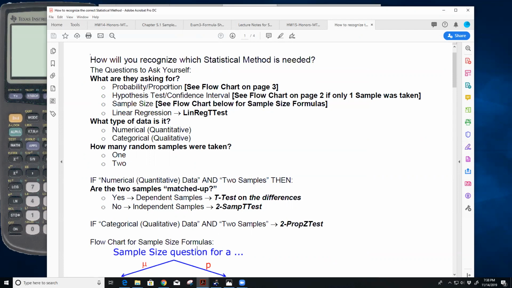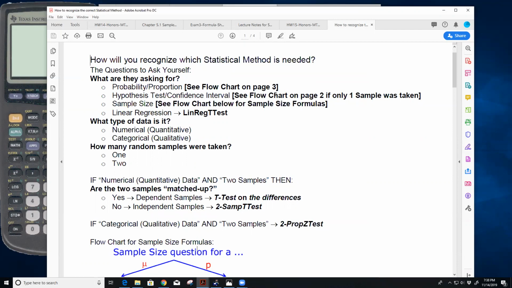Also, they could ask you to find the interval that contains the middle 76% of the population. And you would use inverse norm to do that. Stuff you've done. And of course, hypothesis test and confidence intervals that you were doing in the last homework using the functions on your calculator.